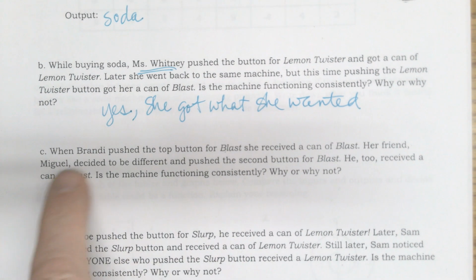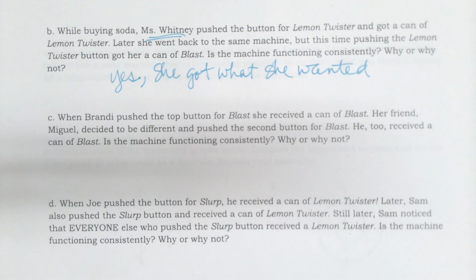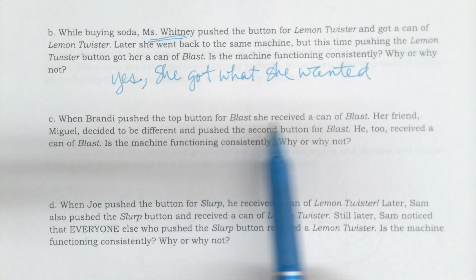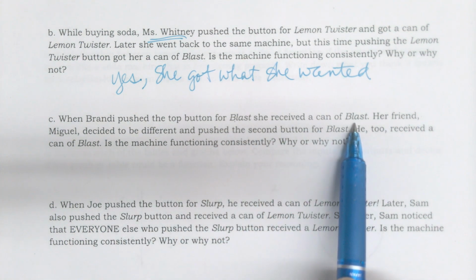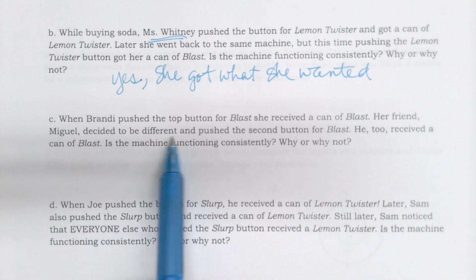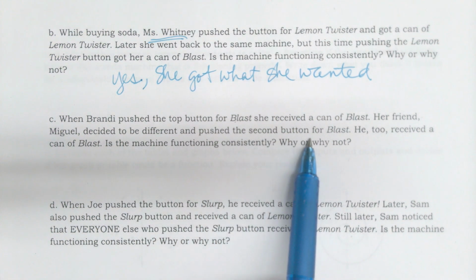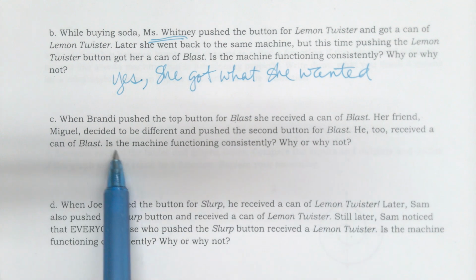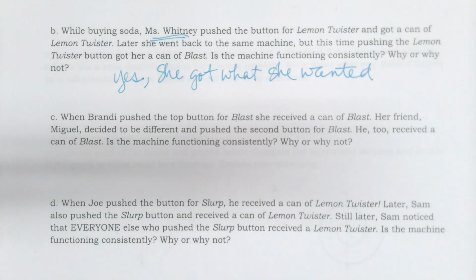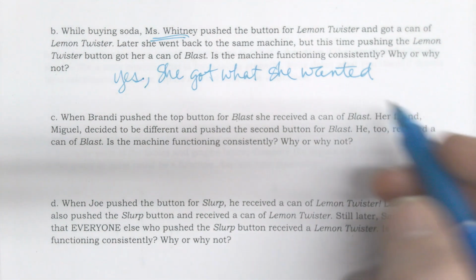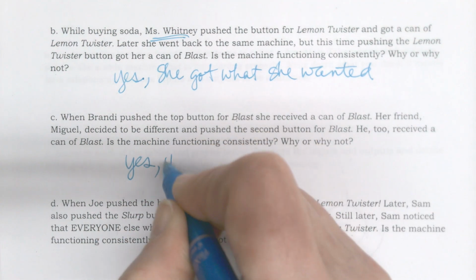But then later on, Brandy goes down to the machine and she hits Blast and she gets a can of Blast. Sounds like it's functioning pretty good, right? And her friend Miguel is with her and he decides that he's going to hit Blast. And he too gets a can of Blast. Are we functioning right? Yeah, sounds good. Again, yes.